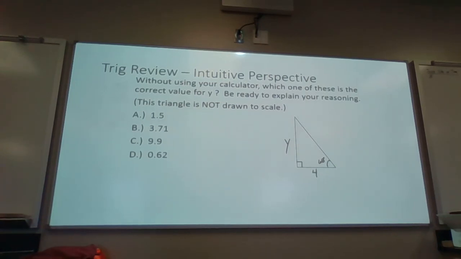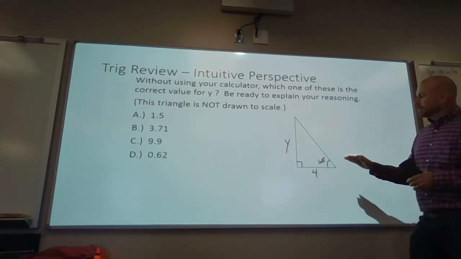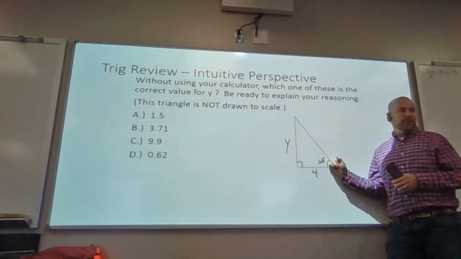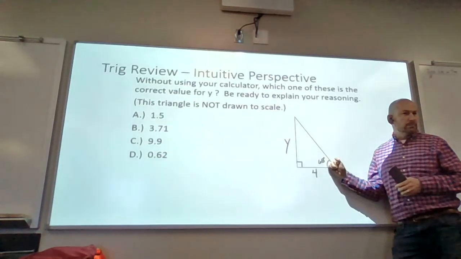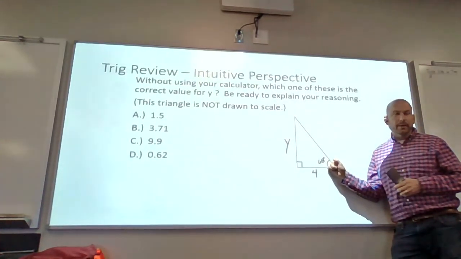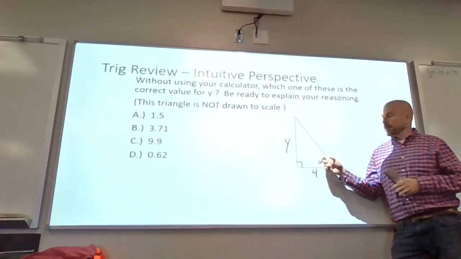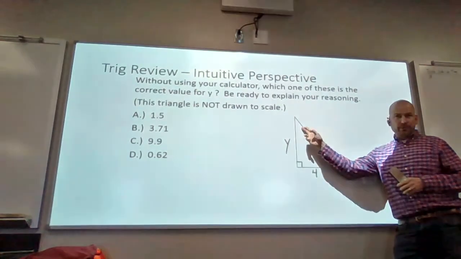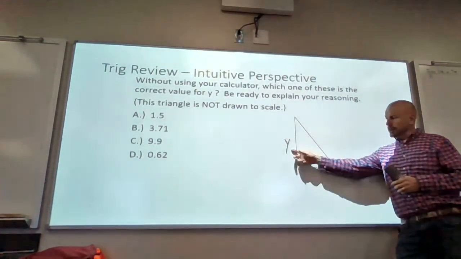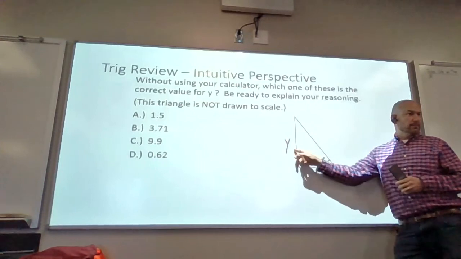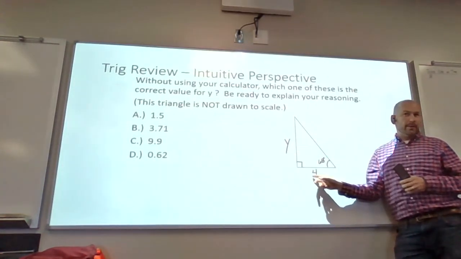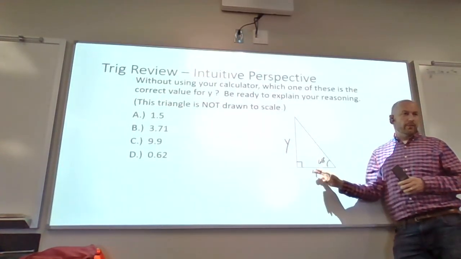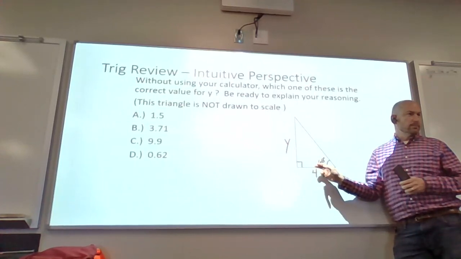Okay, here's how you can discern this. 45 degrees is like the halfway point. If this is 45, then you know this is 45, and these two sides are going to be equal to each other, like the isosceles 45, 45, 90 triangle.